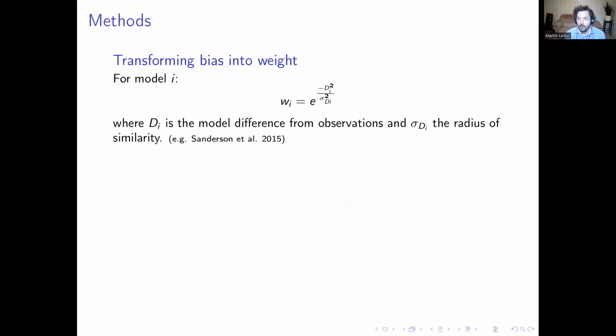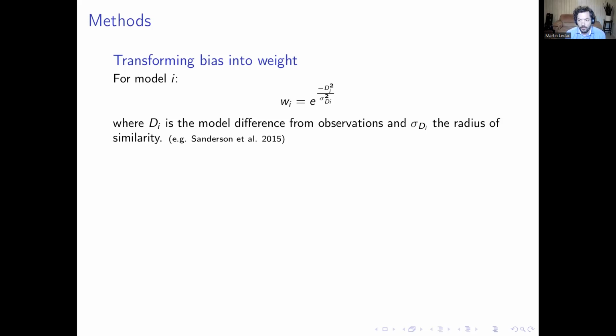Yeah, this is a good question, and actually in the literature, there are many ways to estimate that radius of similarity. Some with iterative methods. But here, I really wanted to give a physical sense to that radius of similarity. So I estimated the sigma S with the internal variability based on the 15-member ensemble.